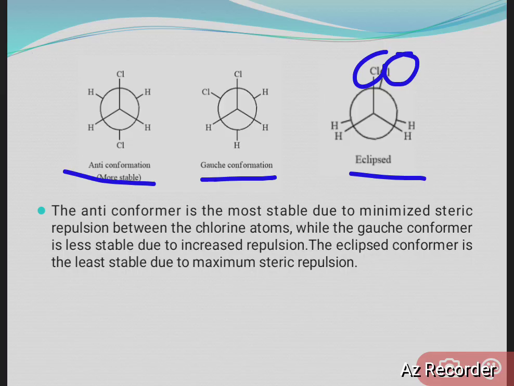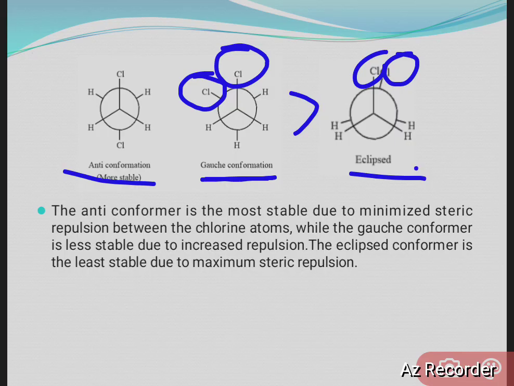Hence this has lesser stability compared to gauche. In case of gauche, the two identical groups are adjacent. Hence, here some repulsion is present in the gauche conformation. Hence, compared to eclipsed, gauche is more stable.